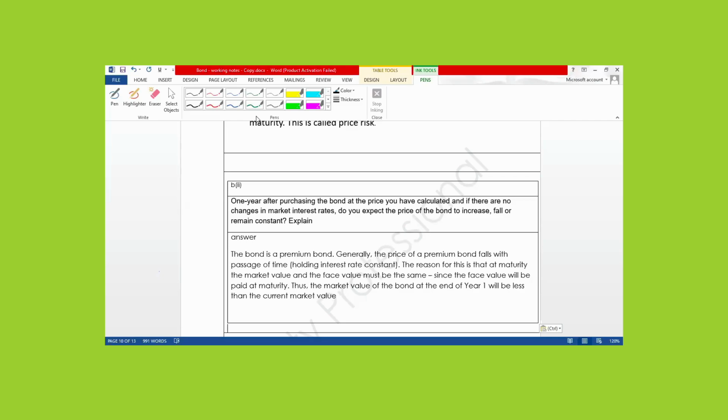Examiner says 1 year after you have purchased the bond at a price you have calculated. That means you purchase at a price of 1,060 naira. And there are no changes in market interest rates. Interest rates remain unchanged. Do you expect the price of the bond to rise or fall or remain the same?